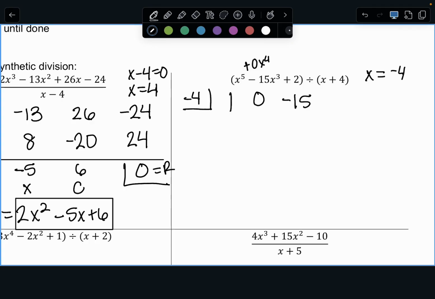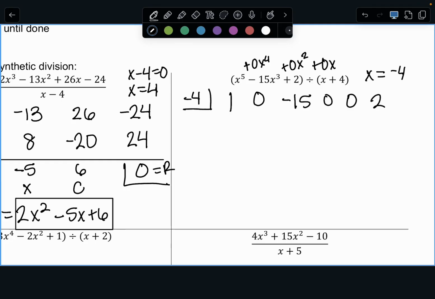What comes after that? 0. I'm missing an x squared term. What comes after my 0 x squared? 0 for my x term. And then my last number?